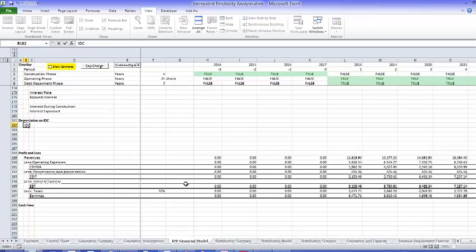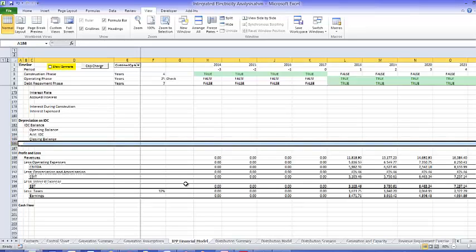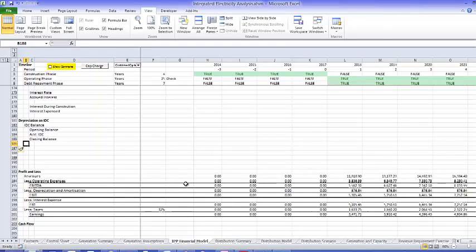And we can put IDC balance. IDC is, of course, interest during construction. Opening balance, add the IDC, closing balance. Now once we have the balance, then we can get the depreciation rate.